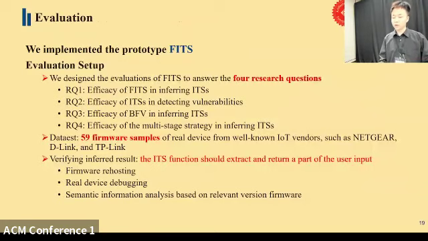We evaluate FINS on 59 real firmware samples. After getting the ranking results of FINS, we need to verify whether a customer function can be used as an intermediate source. The intermediate source function should extract and return a part of the user input.